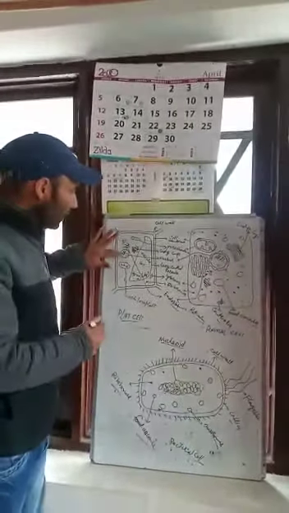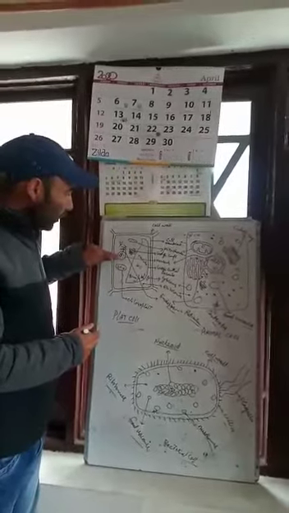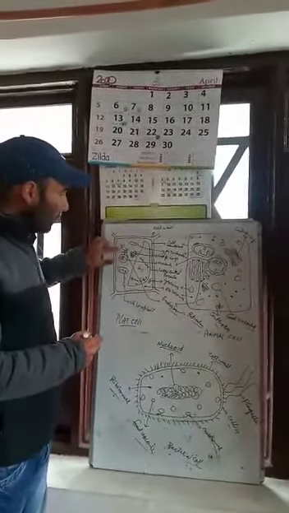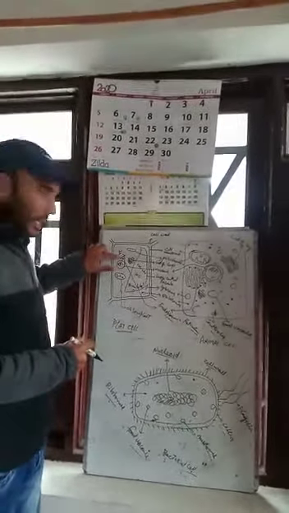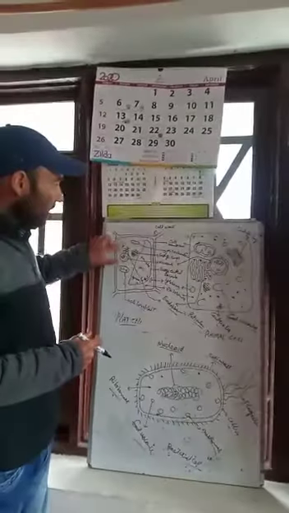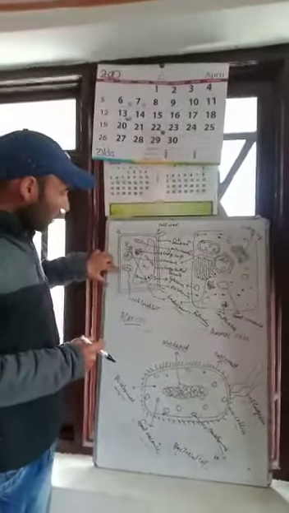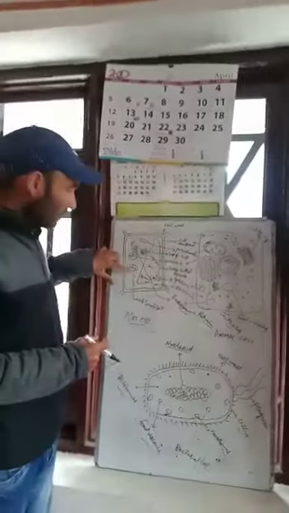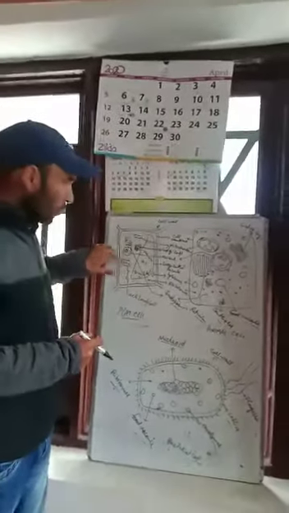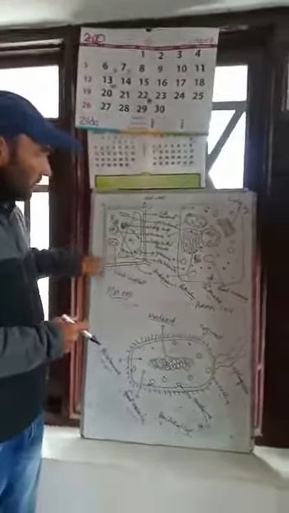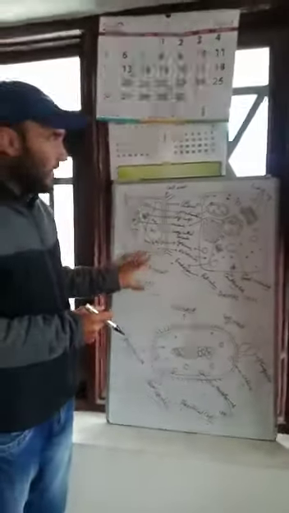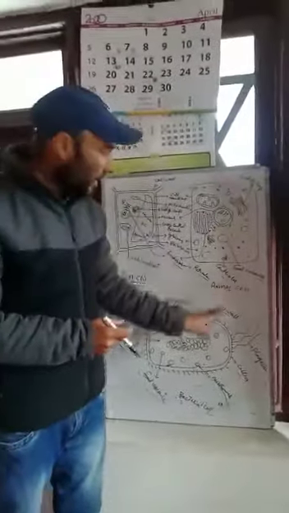That is why I made the nucleus here. Along with the nucleus, there is endoplasmic reticulum, rough and smooth endoplasmic reticulum. Then there are mitochondria, and another important characteristic feature, the chloroplast.